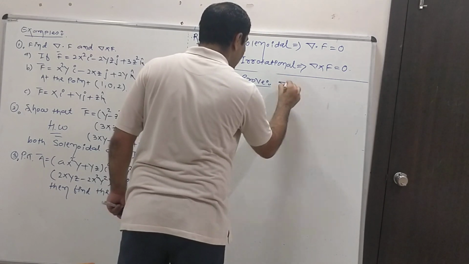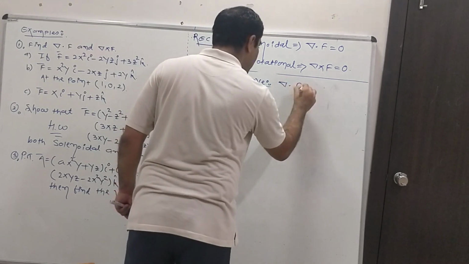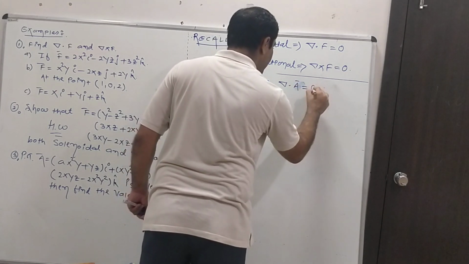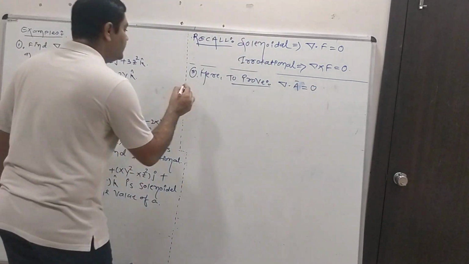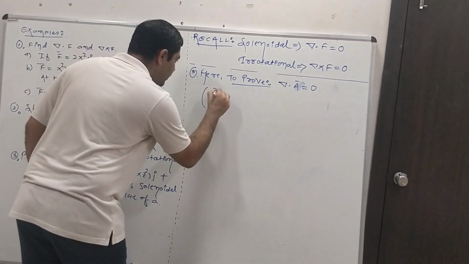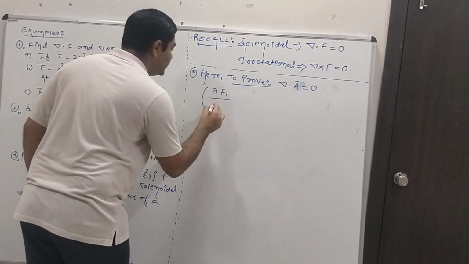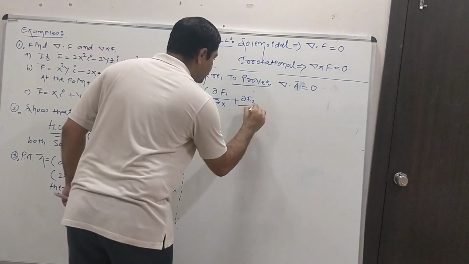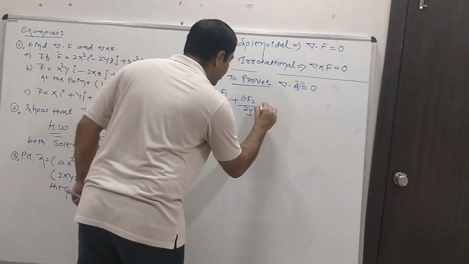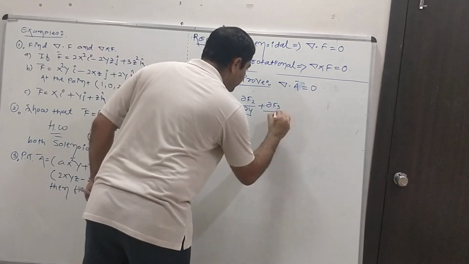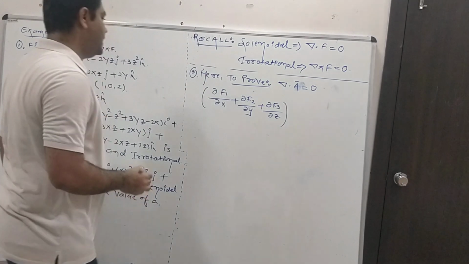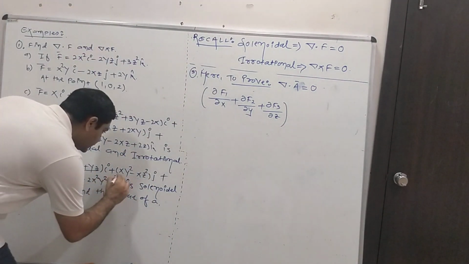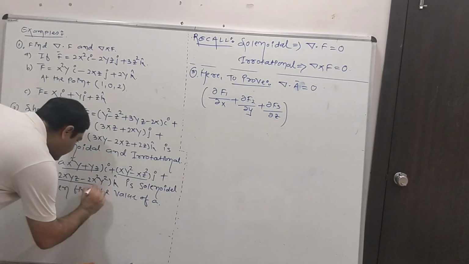Del dot A is equals to 0. So how will we prove? Del F1 by del x, del F2 by del y, del F3 by del z. So what is F1? This is our F1, this is our F2, and this is our F3.